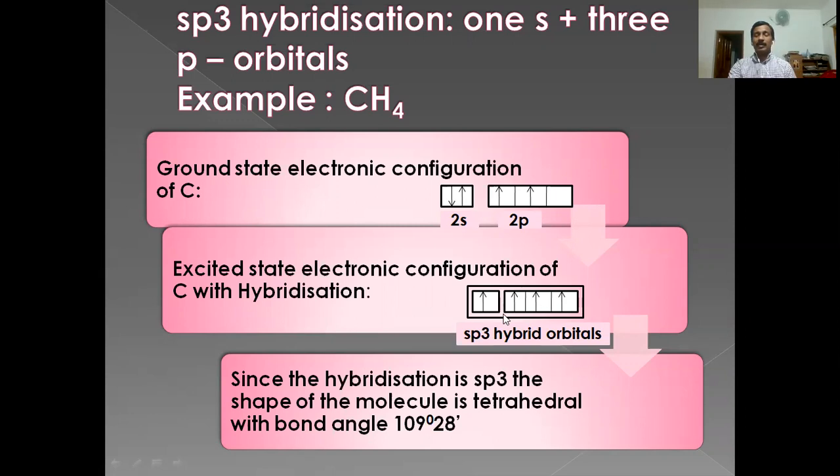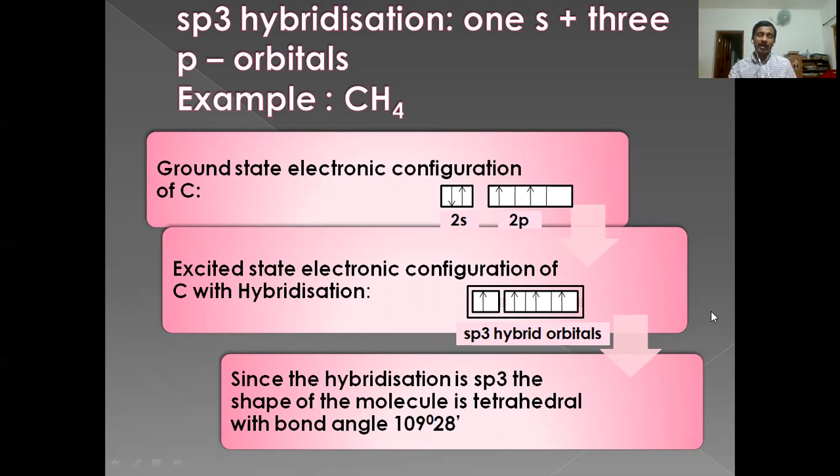Thus you will get four unpaired electrons. These four hybridized orbitals are directed in space in order to avoid the repulsion between the electron pairs. So in this case, the shape is tetrahedral with a bond angle 109 degree 28 minutes, as we discussed in the case of VSEPR theory.